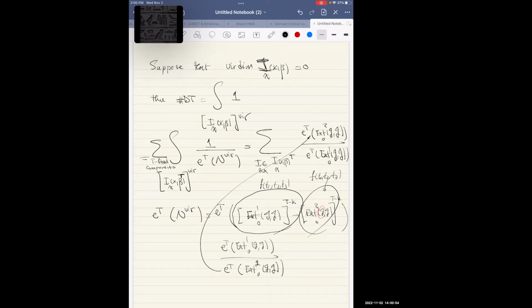Think about vector bundles. If I have a vector bundle which actually is equivariant with respect to the action of a torus, what does that mean? It means that I can look at this. I have a vector bundle V. Let's look at the fiber of this vector bundle at a point.